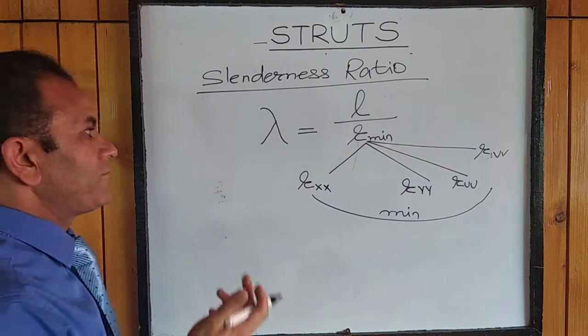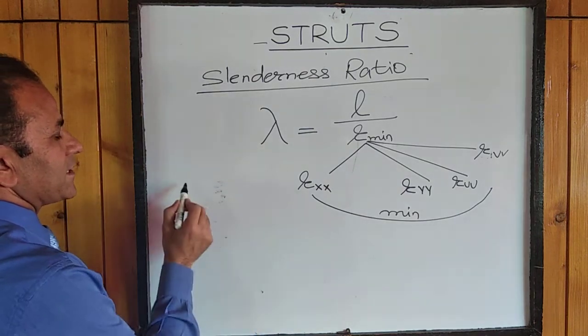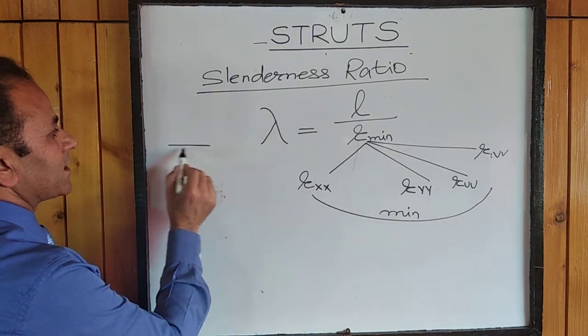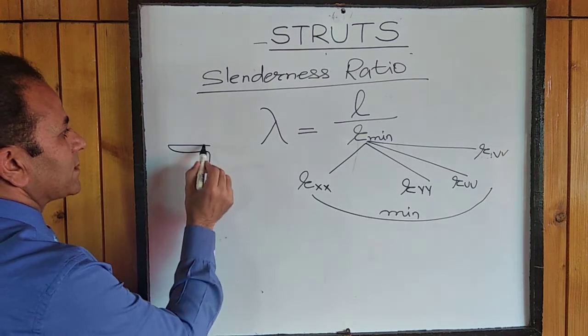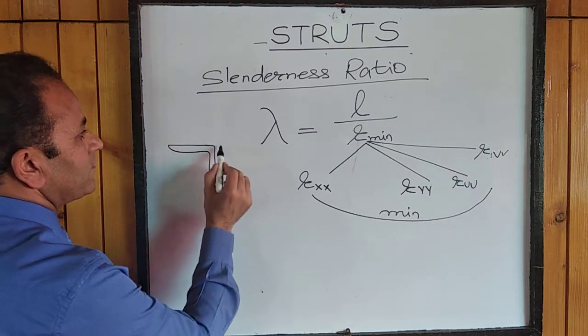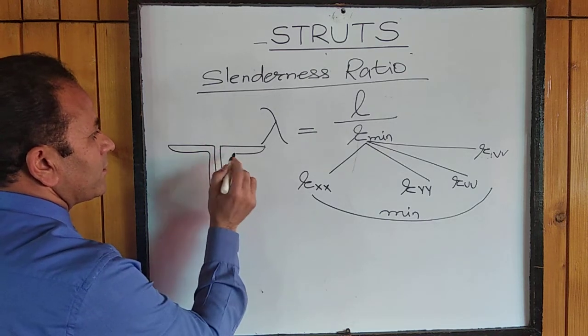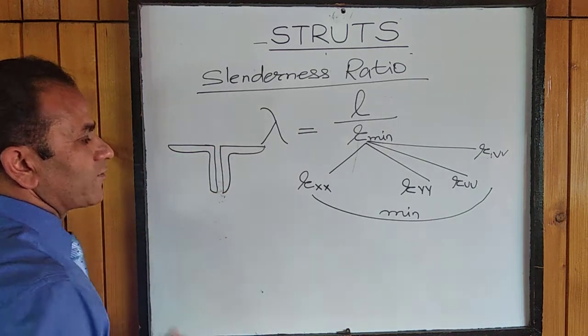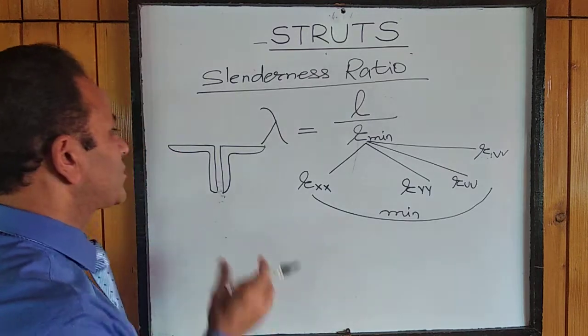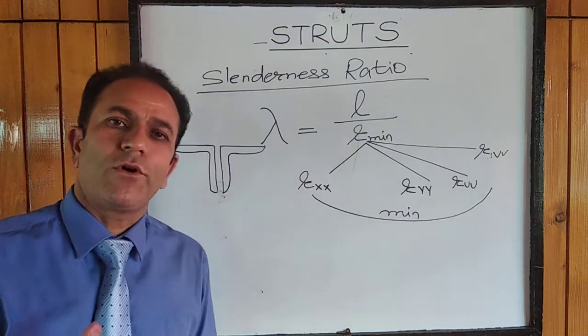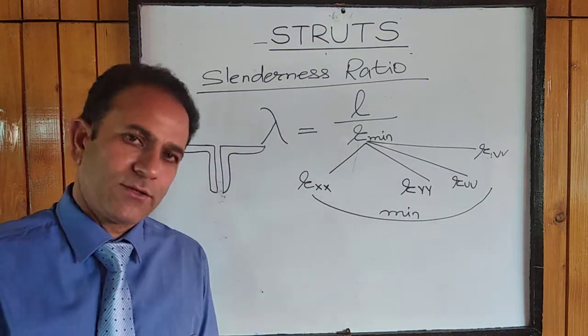Then we will find out the slenderness ratio. But if this was a single angle section, and now there is a double angle section, say we have a double angle section like this, and we have to determine the least radius of gyration for this, we can even refer to the steel table. In the steel table, provision for 2 angles, that is a double angle, is also given.